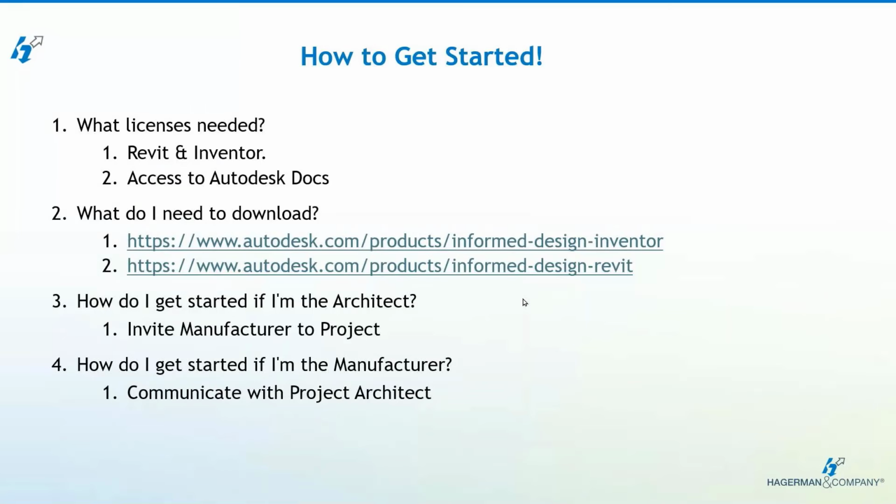So the licenses that you need are licenses you already have likely for Revit and or Inventor, depending on who you are in this process. The only thing that's additional is access to Autodesk Docs. In general, Revit folks that are doing cloud work sharing are going to have access to Autodesk Docs by default.